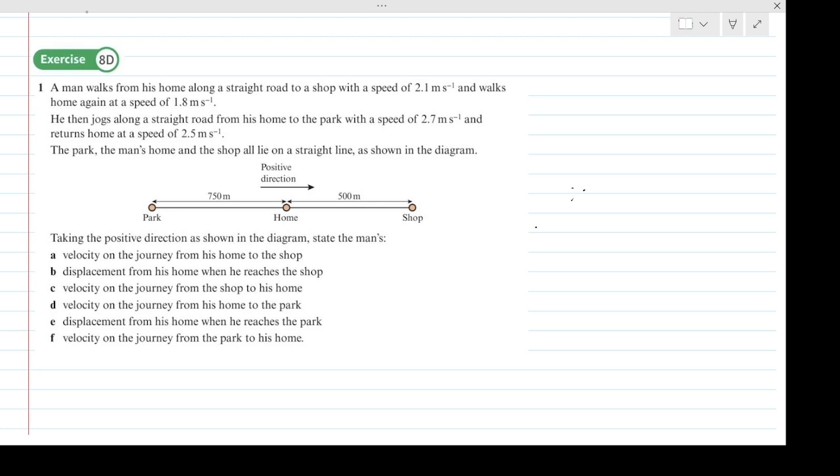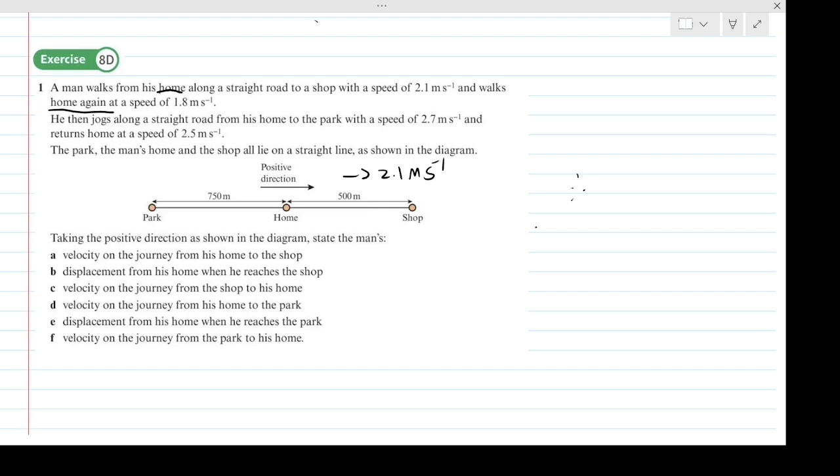Now, we're told he walks from his home to the shop with speed 2.1. We can say then that the speed is 2.1 meters per second, towards the shop. And then we're told he walks home again at a speed of 1.8.